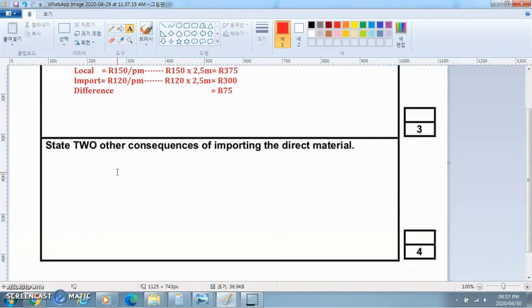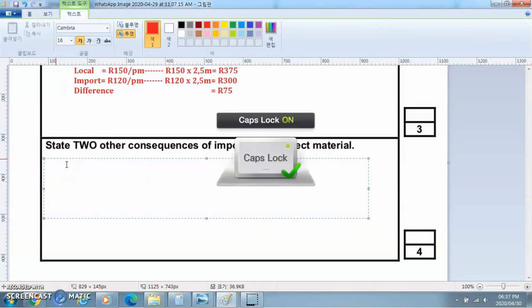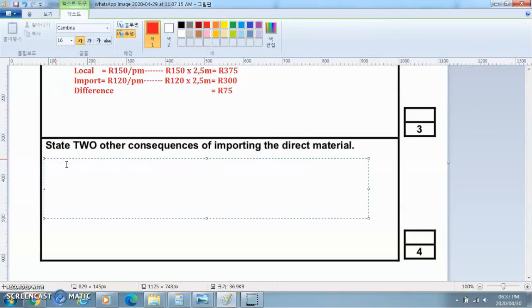Okay, so for this one here, I always advise people to never leave theory questions. Always try the theory question. You never know, sometimes you might fumble in the right direction. So the first one, you can just say that the biggest problem of imports is the exchange rate. The exchange rate tends to affect so many things, right?